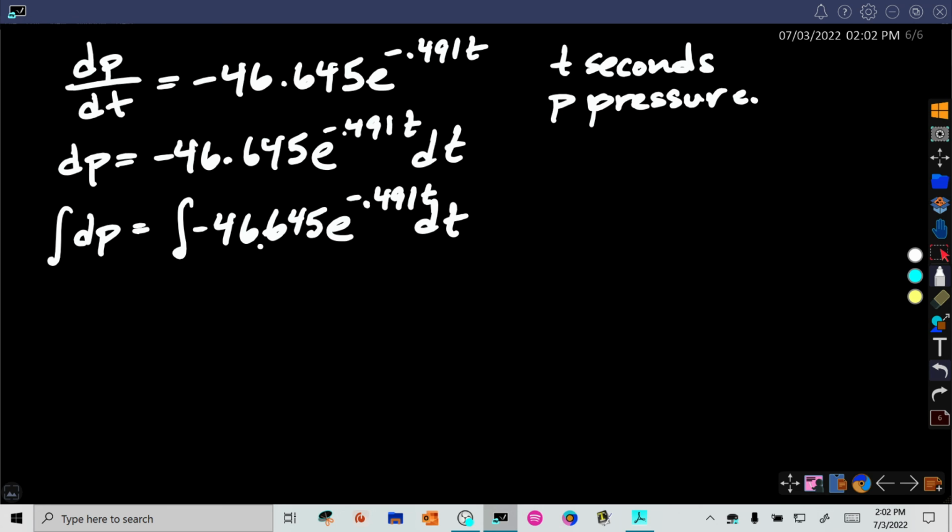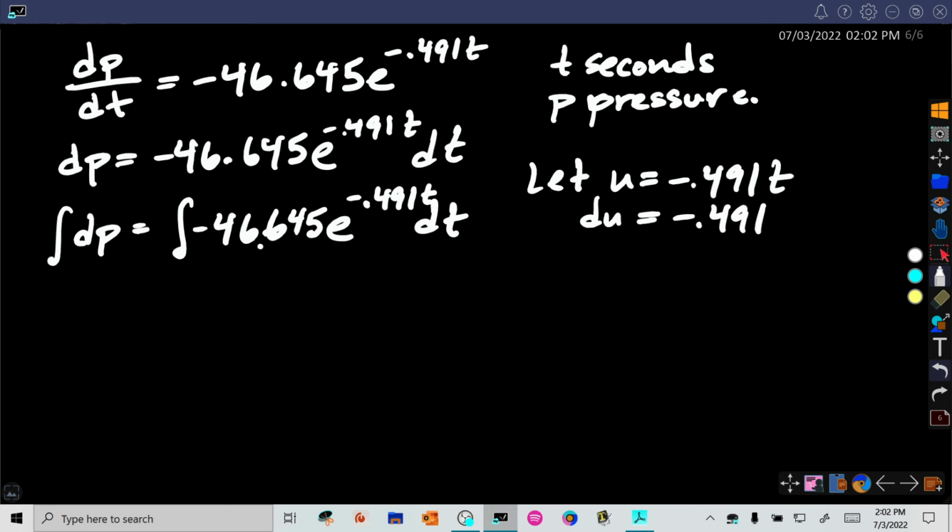All right, so in this case, we can do our u substitution. We're going to let u equal whatever the exponent is. In this case, it's minus 0.491t. du is going to equal minus 0.491 dt. And then I can just divide through, so 1 over minus 0.491 du is equal to dt. Now we can make all of our substitutions.